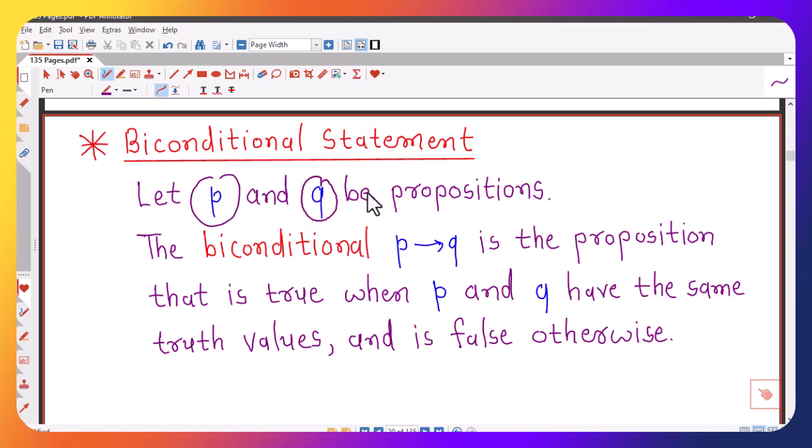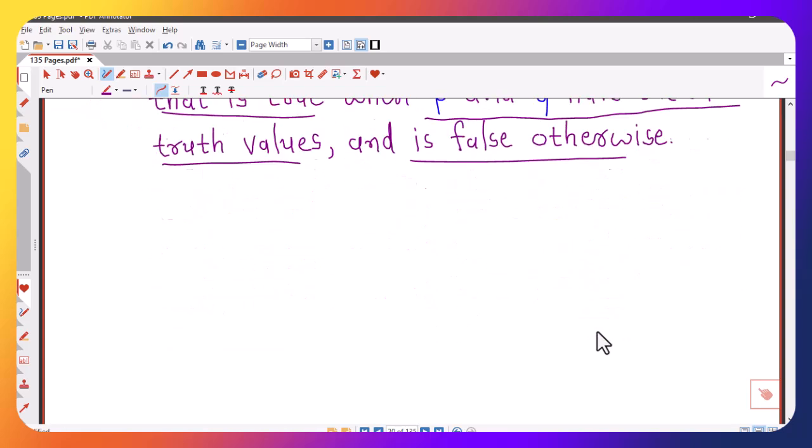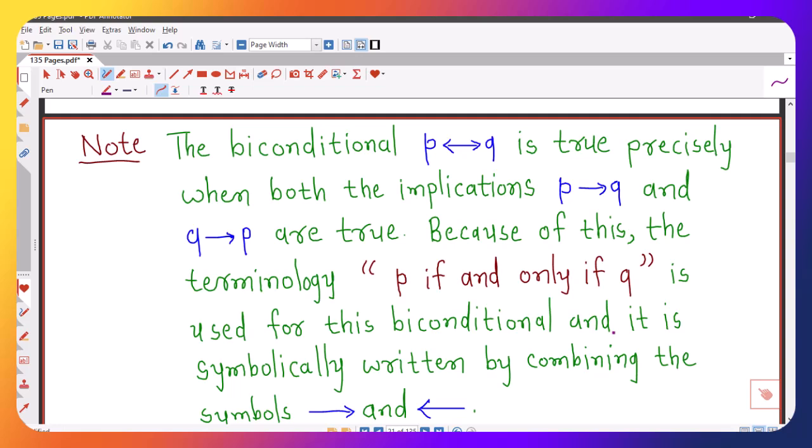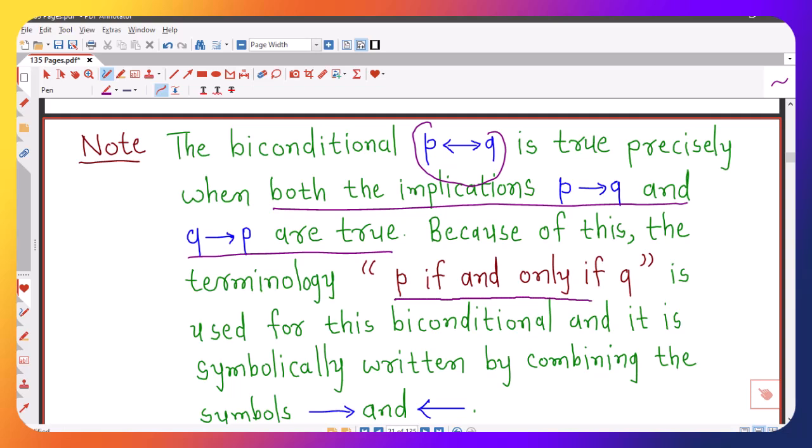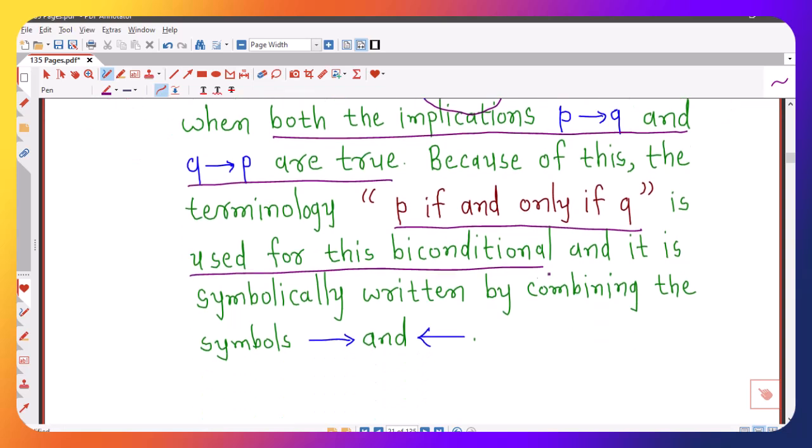So that is the definition of the biconditional statement. Let P and Q be propositions. The biconditional, denoted by this double arrow symbol, is the proposition that is true when P and Q have the same truth values and is false otherwise. So the biconditional is true precisely when both implications P to Q and Q to P are true. Because of this, the terminology P if and only if Q is used, and it is symbolically written by combining these two symbols.